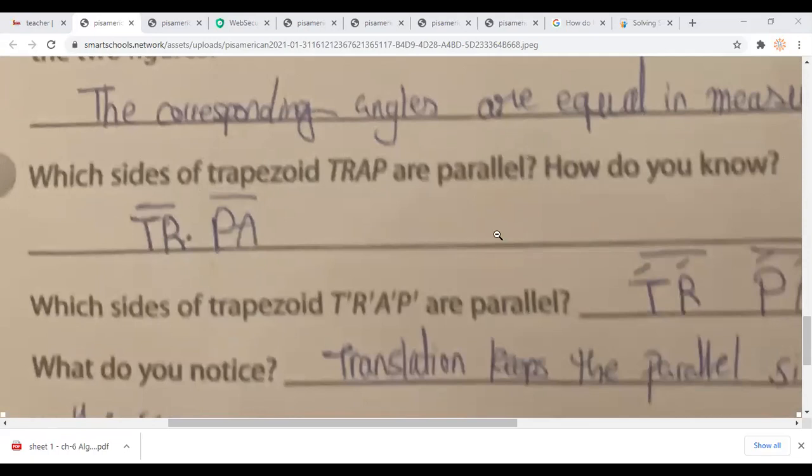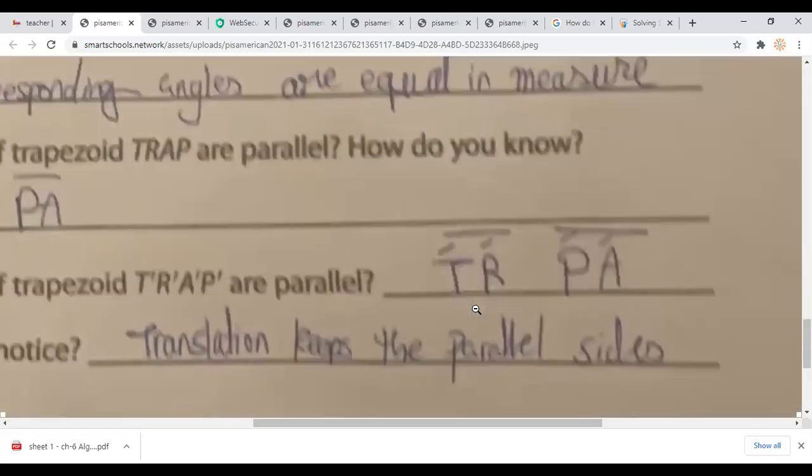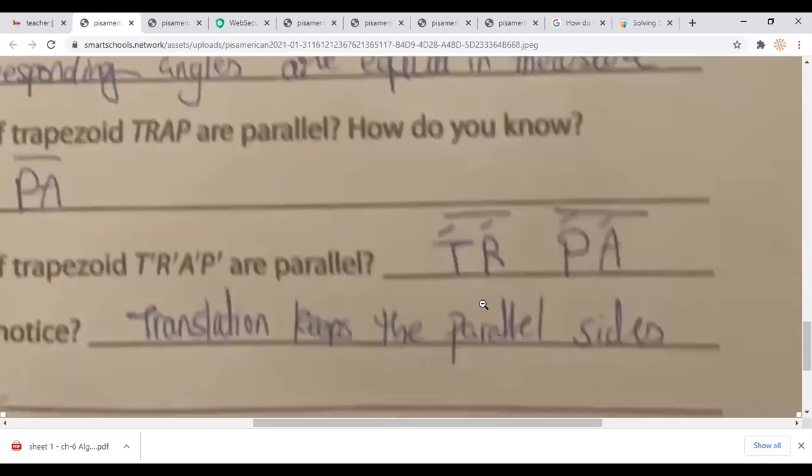Okay. TR and AP. The two lines which are parallel, T prime, R prime, right? Yes. TR and AP, those two lines are parallel.